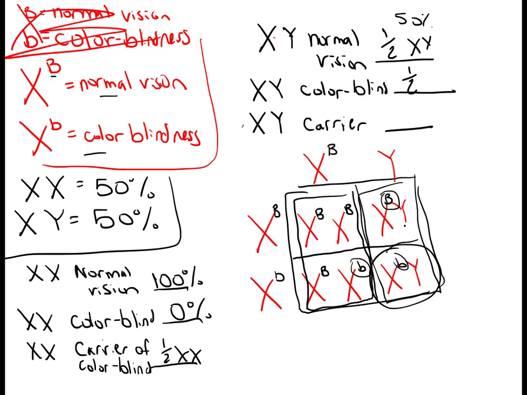What are the chances of the XY being a carrier? We wouldn't say this. We would say this is not possible because, remember, an XY individual only has 1 copy of the X. So they really couldn't be a carrier. It's either they have the disorder or they don't. So that's how you would do a problem like this. And as you can see, it's much more frequent that an XY individual would have an X-linked disorder than an XX individual.